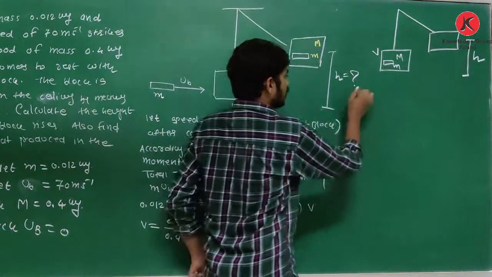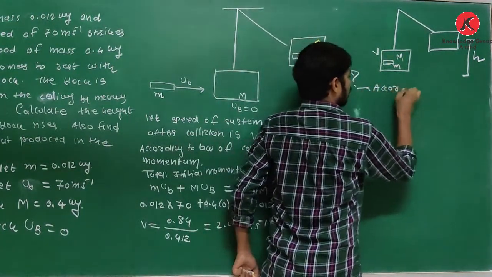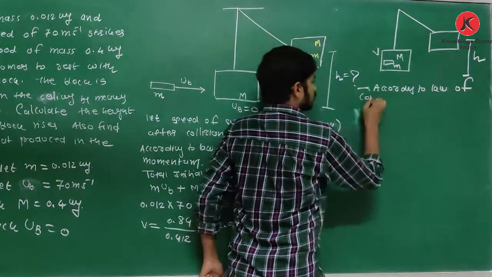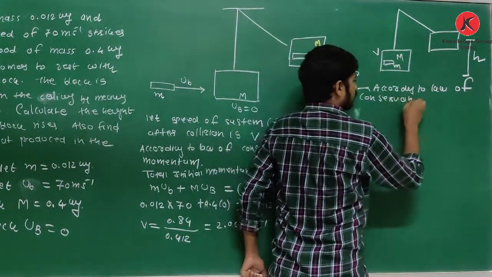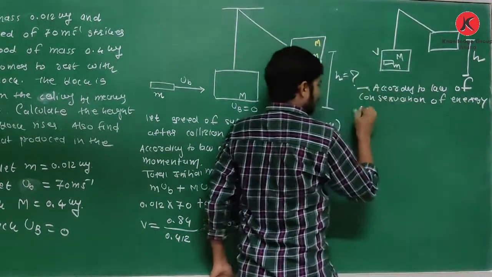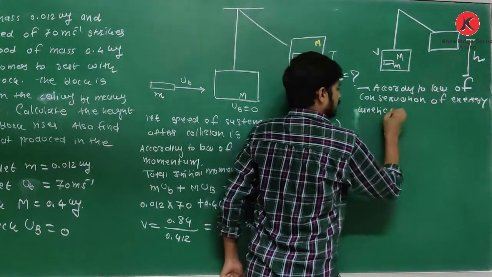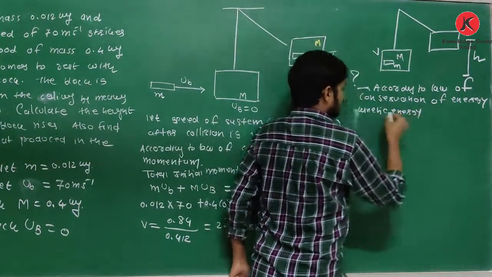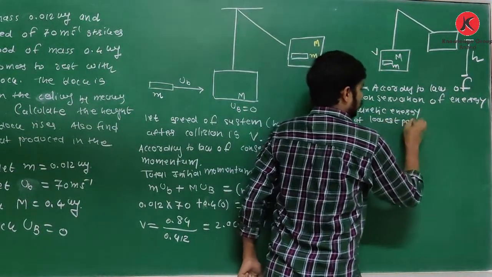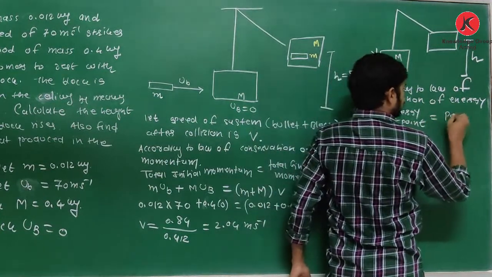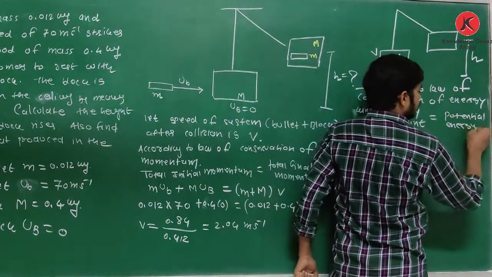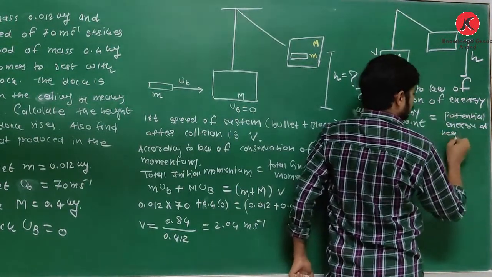So here, according to the law of conservation of energy, kinetic energy at the lowest point is equal to potential energy at the highest point.